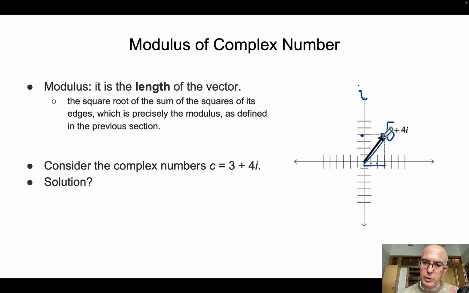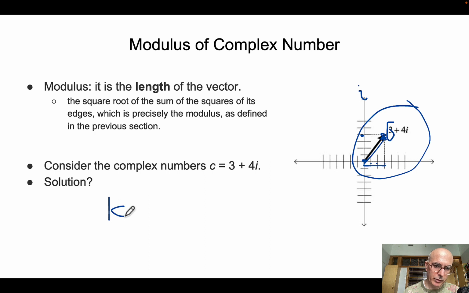The length of this vector with the origin in (0, 0) is going to be the modulus. So the modulus is the length of the vector representing our complex number. The square root of the sum of the squares of its edges will be precisely the modulus as defined in the previous lecture. If we try to calculate the length of this vector, what will it be?